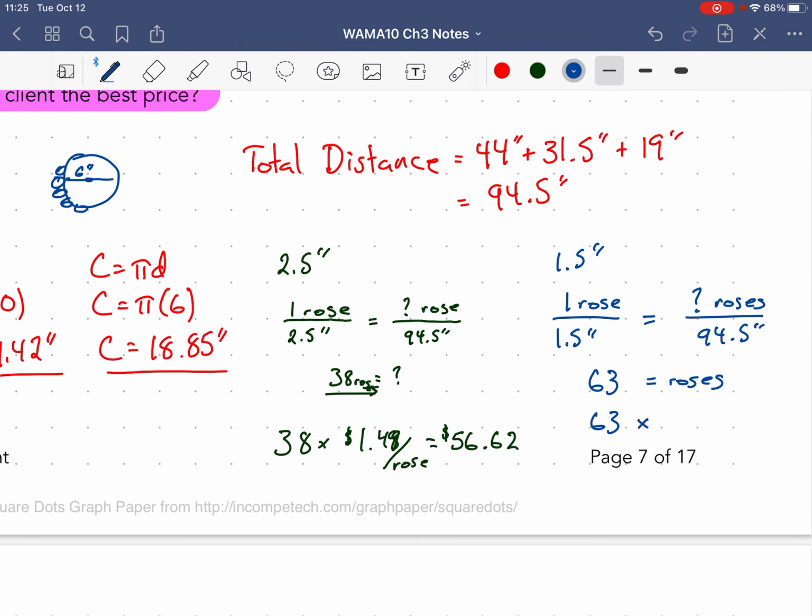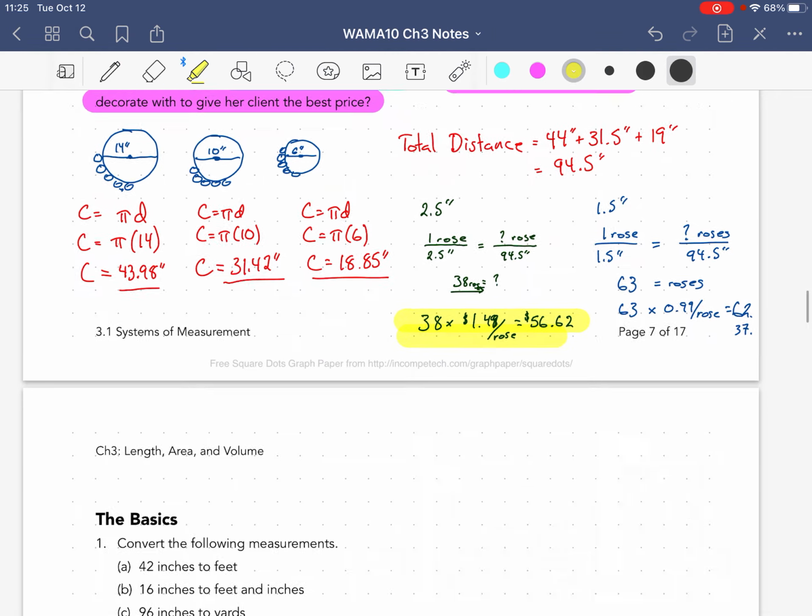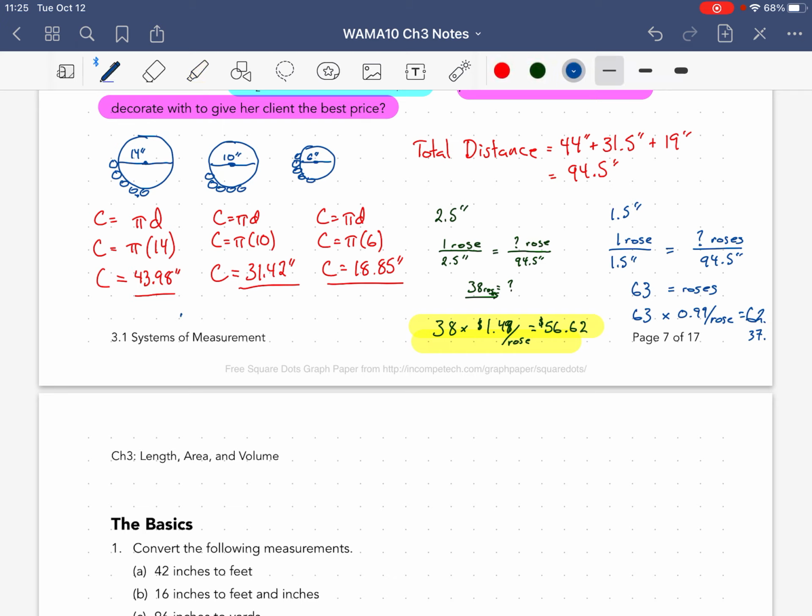So I'm going to do 63 roses times 0.99 per rose, which will give me $62.37. So the better price is the 2.5 inch rose. So it would be buy the 2.5 inch rose. That would be my answer.